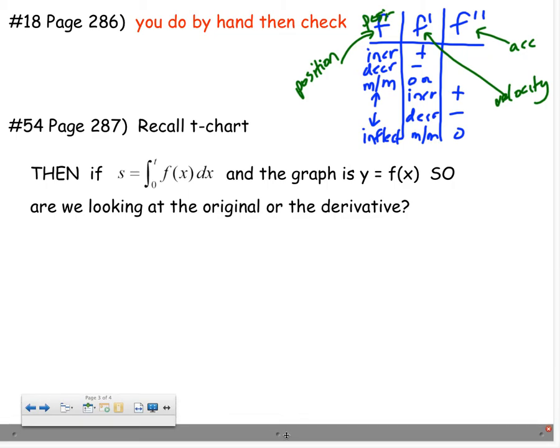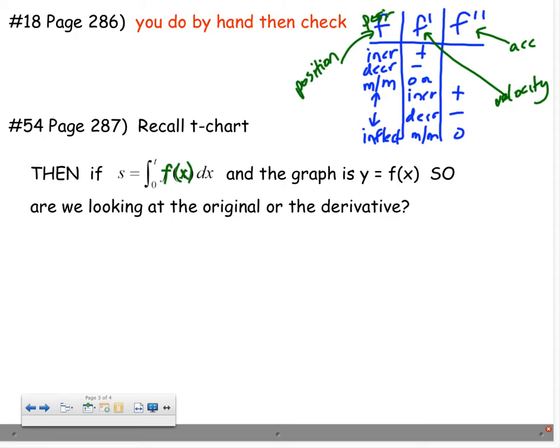If S equals the integral from 0 to something of some function, and they give you the graph of the function, we want to figure out if we're looking at the original or the derivative. So let's take a look at this again. They've given us the graph of f of x.